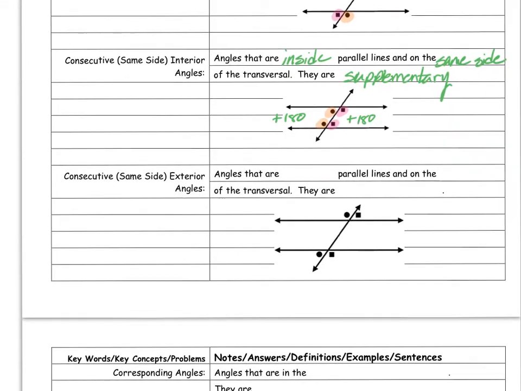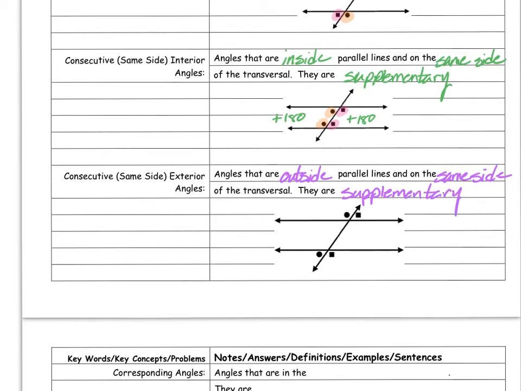So the next one is consecutive or same side exterior angles. They are angles that are outside the parallel lines and on the same side of the transversal. They are also supplementary.